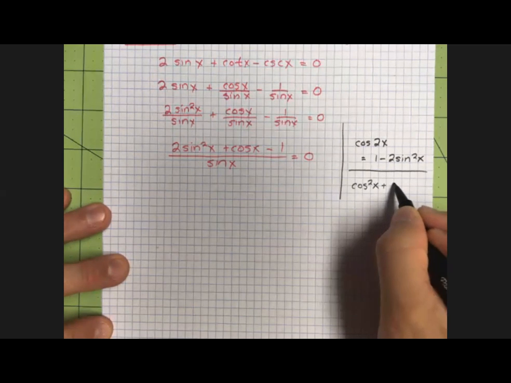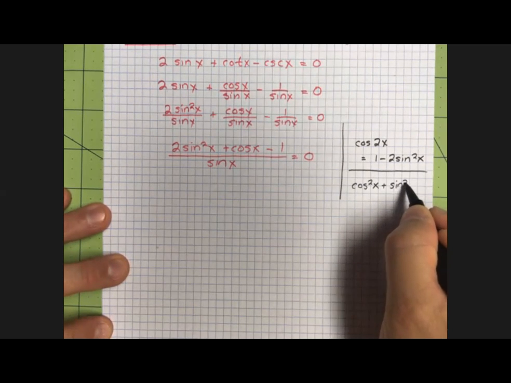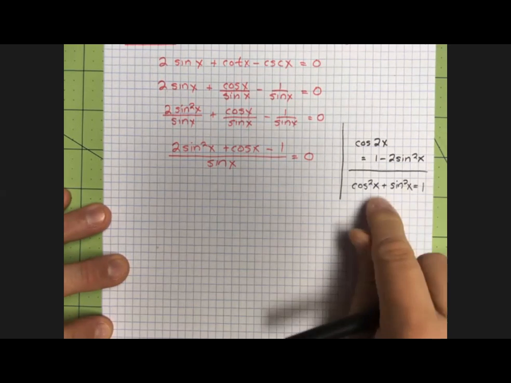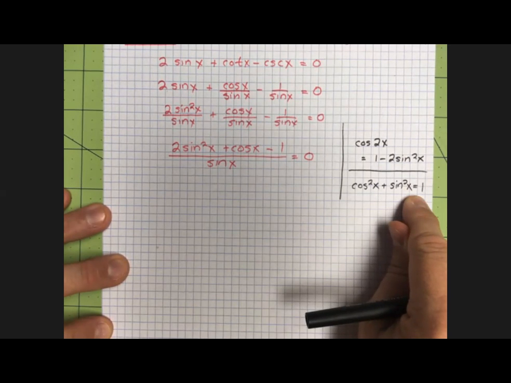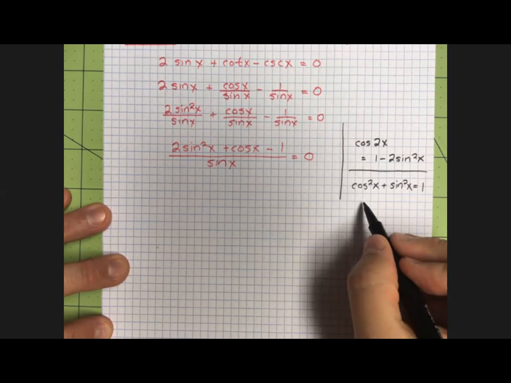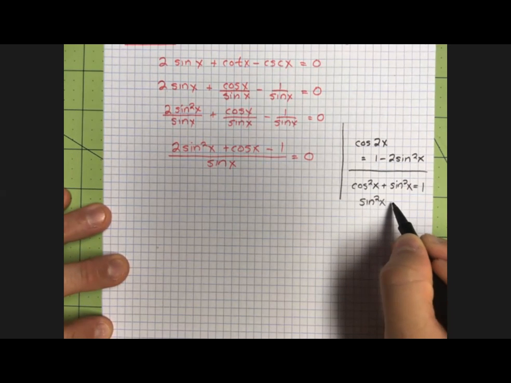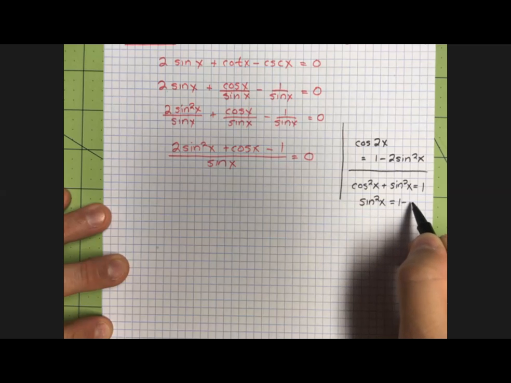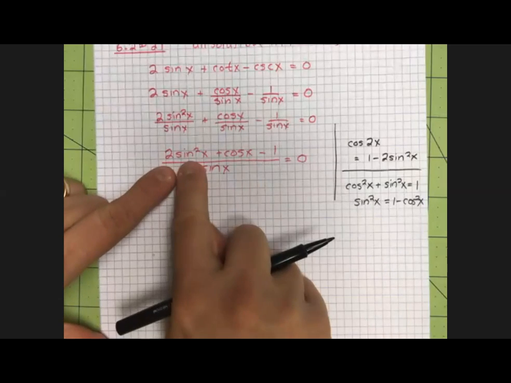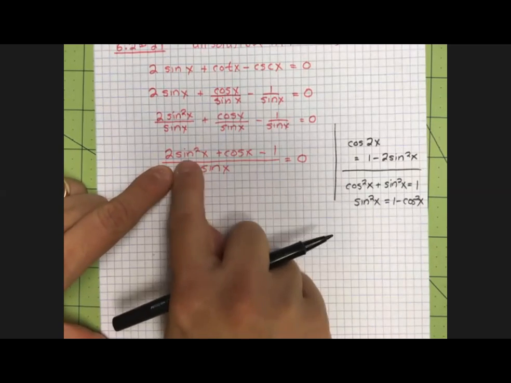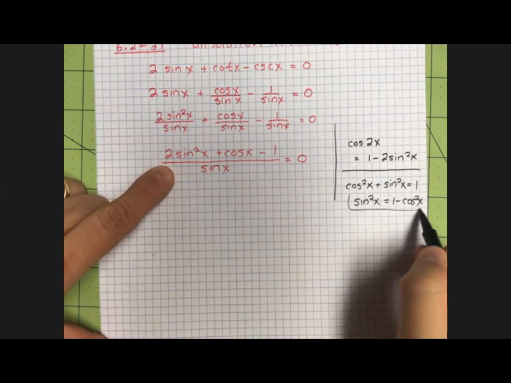Cosine squared x plus sine squared x is equal to 1. With that, I could replace sine squared x with 1 minus cosine squared x. Then I would have a numerator that only involves cosine x. I think I'm going to choose that one.